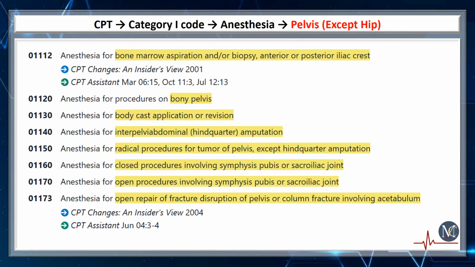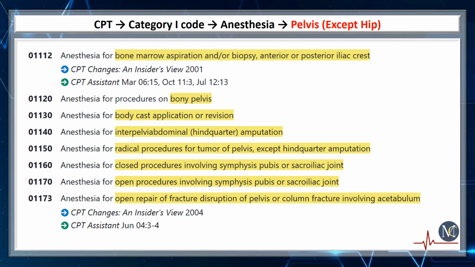Anesthesia for open procedures involving symphysis pubis or sacroiliac joint. Open procedures involve making a larger incision to directly access and visualize the surgical site. The surgeon has direct access to the surgical area and can visualize and manipulate tissues using conventional surgical instruments.